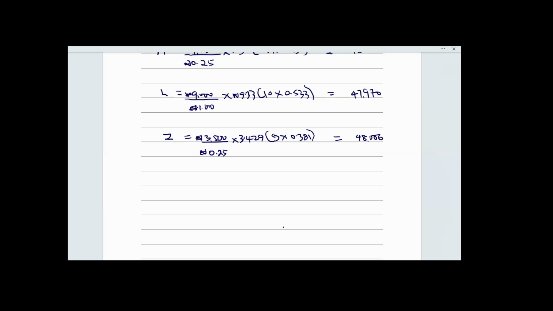The last one is Proxy. For Proxy, the share capital is 5,300, and the par value is 50 kobo.